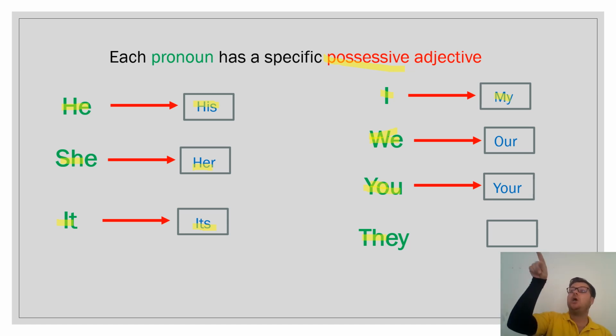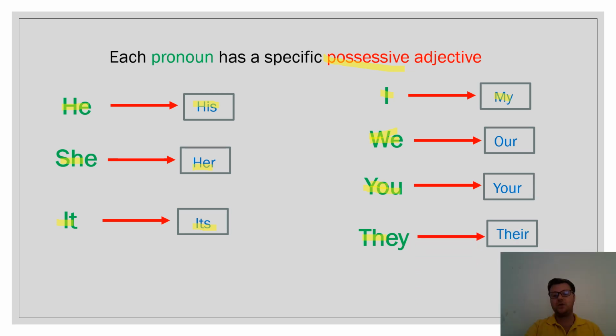That is your pencil case, not mine. It's yours. And they. Remember, they is more than one. They, we're going to use their. Their house is big.